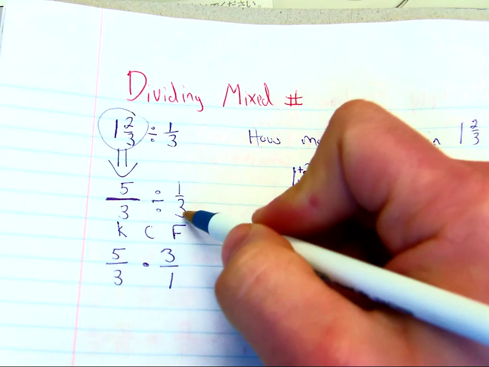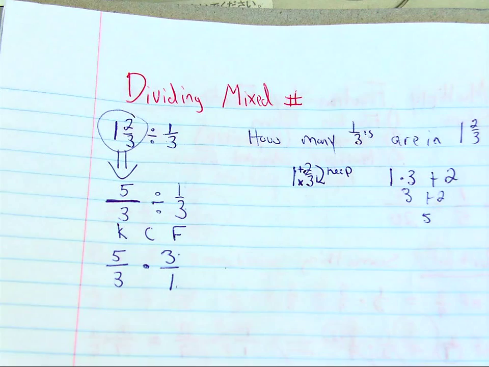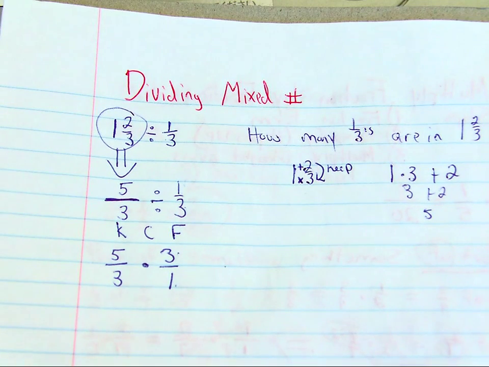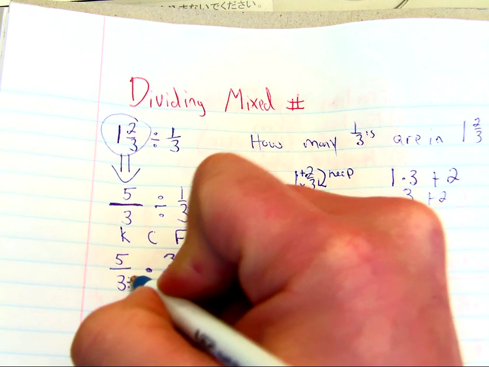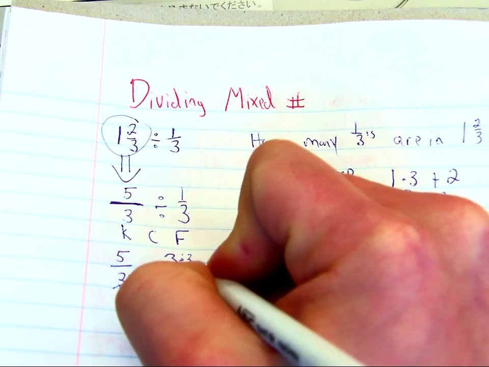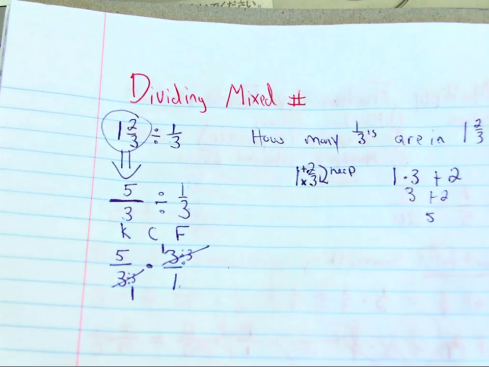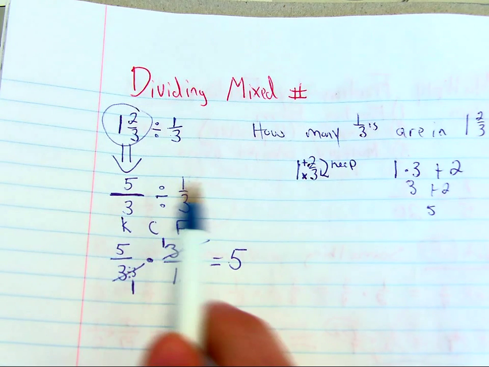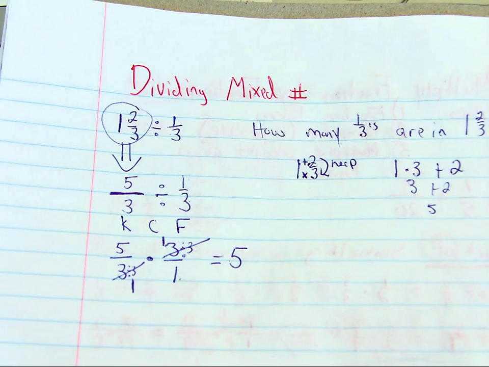So the reciprocal of 1/3 is 3/1, and then I have a multiplication problem where this can be divided by 3, so it becomes a 1. 1/3 can go into 5/3 5 times.